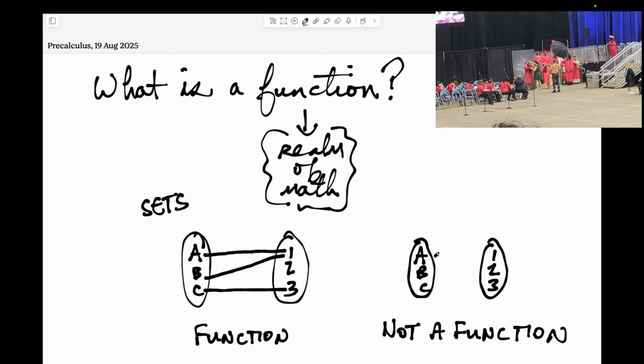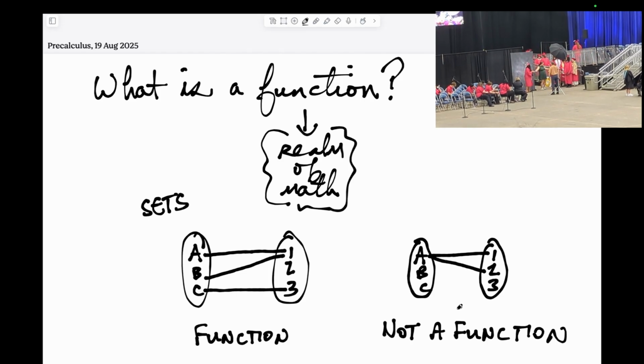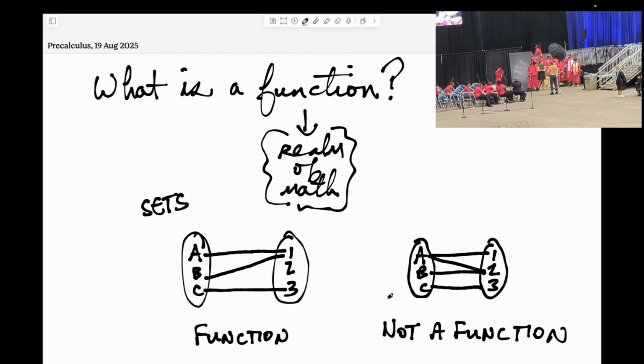What is not a function? For instance, A goes to 1 and A goes to 2. And maybe even this. Not a function.